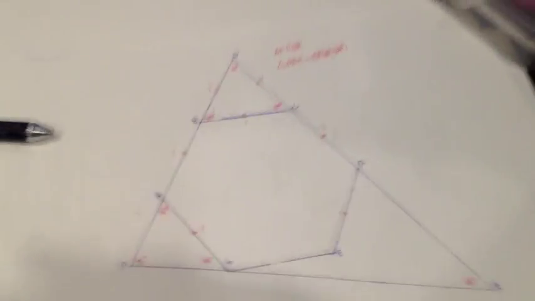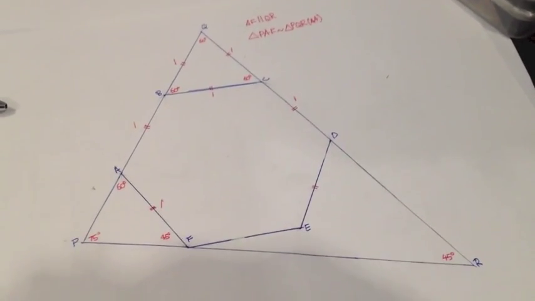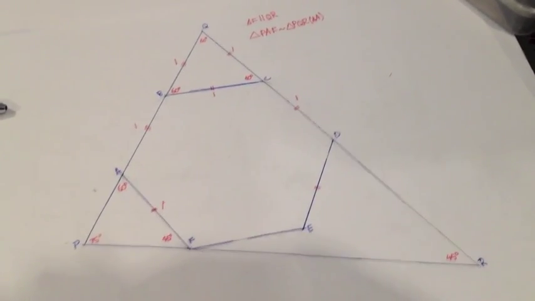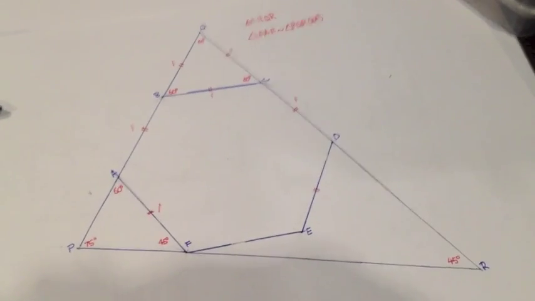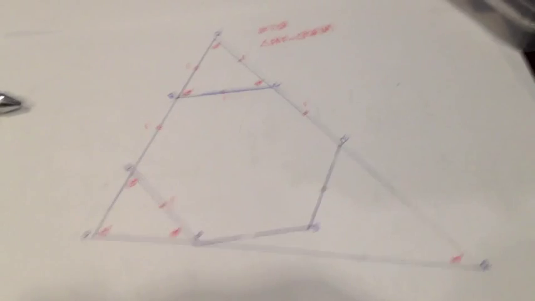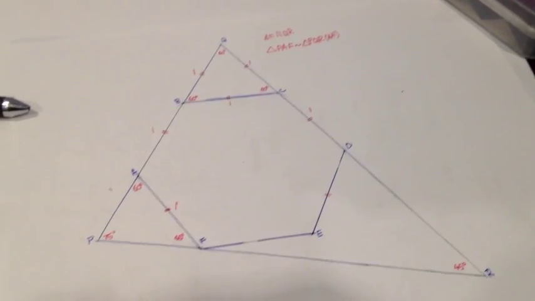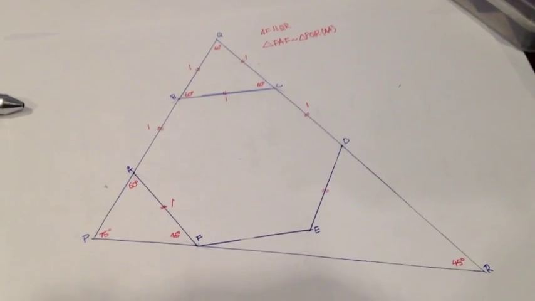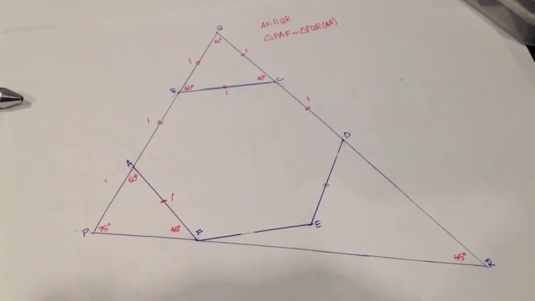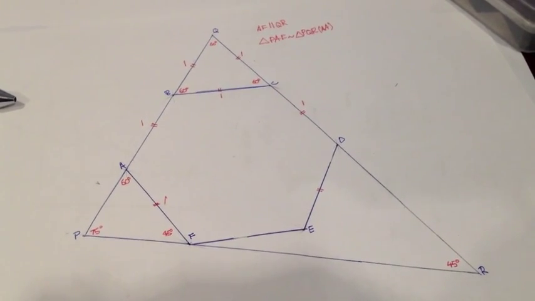Now let's look at our whole diagram. We want to find the area of triangle PQR, which is the very large triangle that you see. How are we going to do this? We have two similar triangles: triangle PAF is similar to PQR.